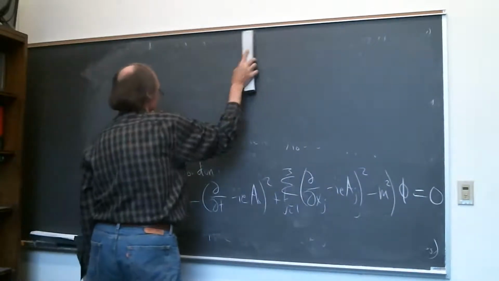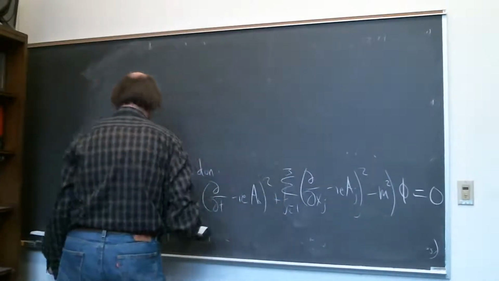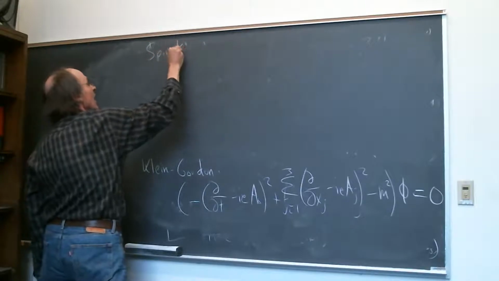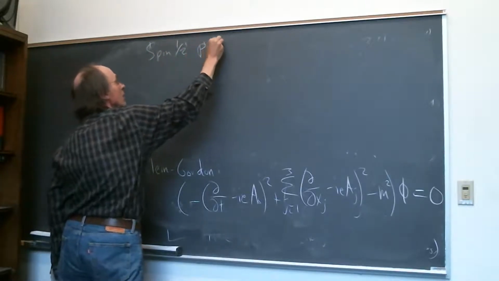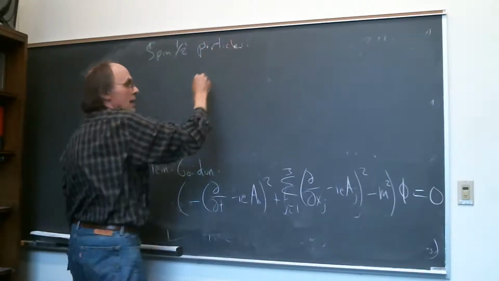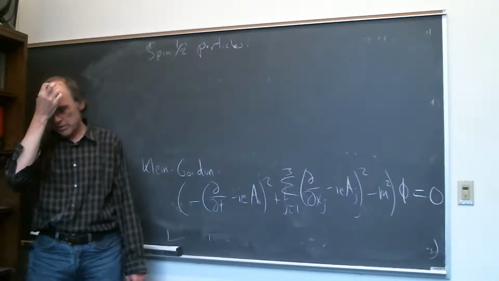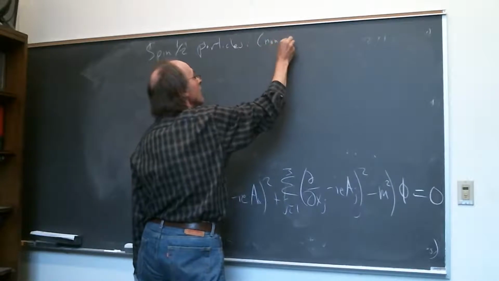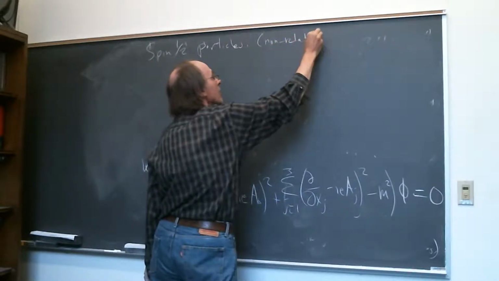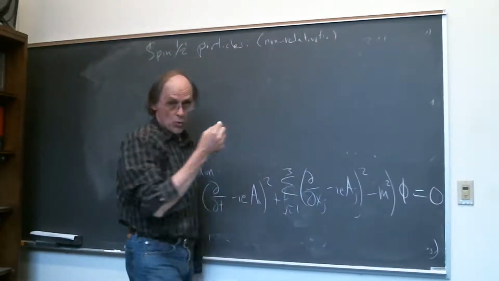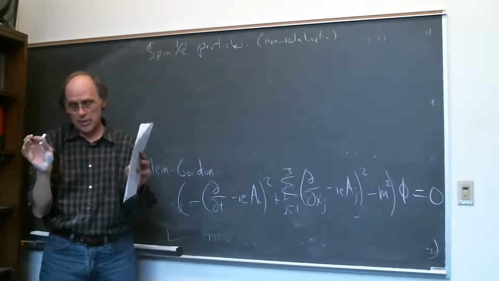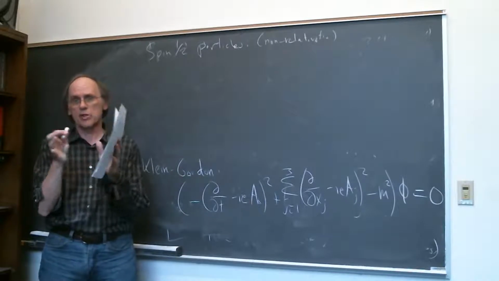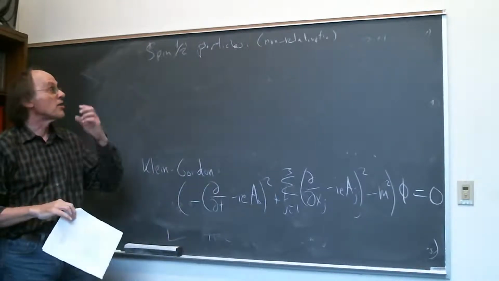Okay. Then maybe one last thing to finish up is to start thinking about what happens for spin 1/2 particles. Remember, non-relativistically, what I did was show you that you could write down this thing I call the Pauli-Schrödinger equation.